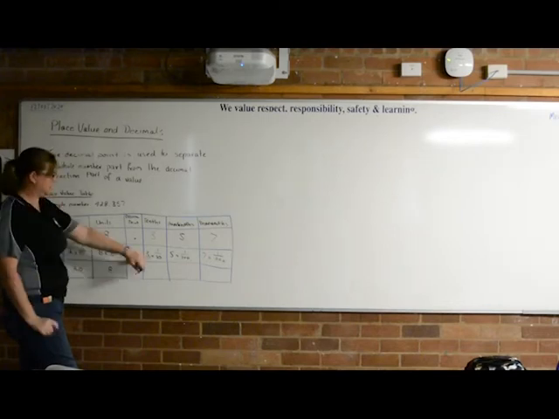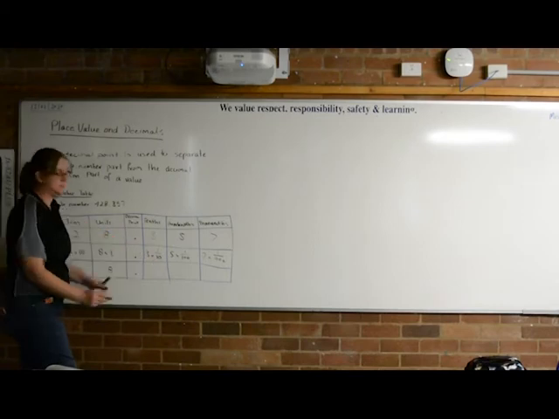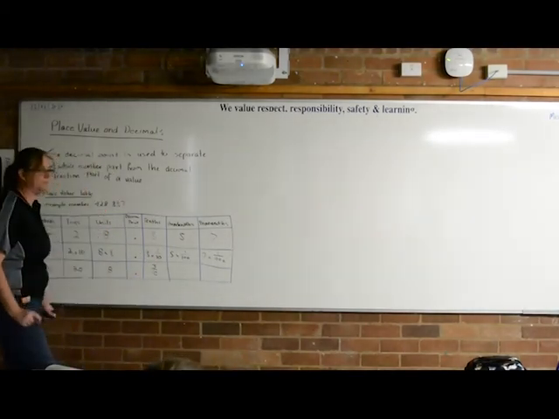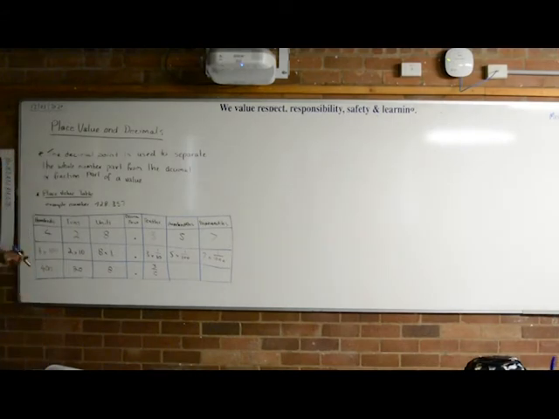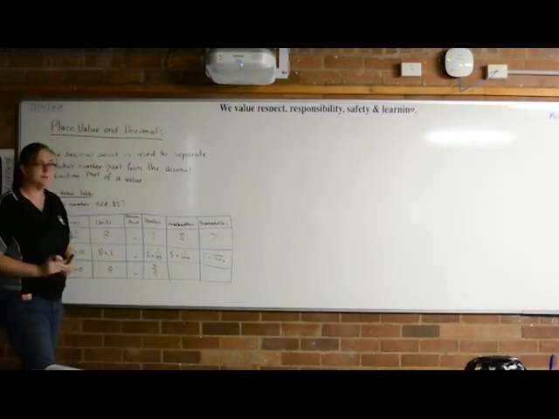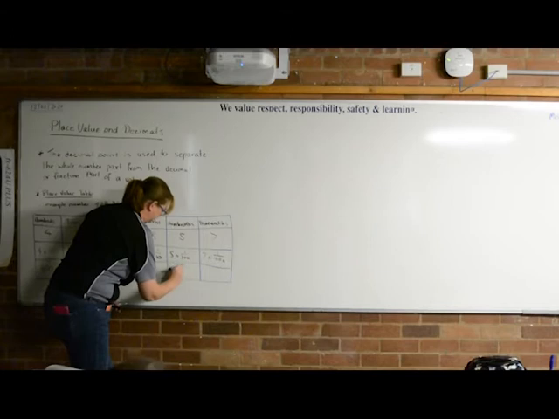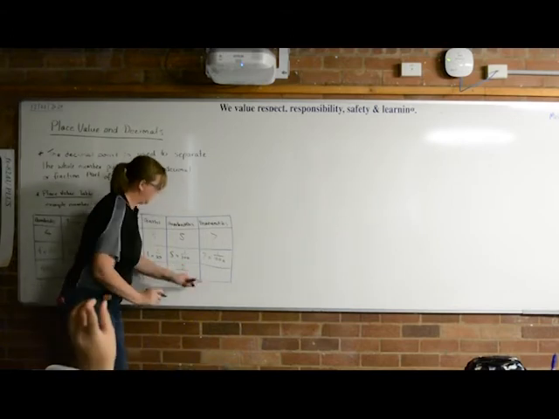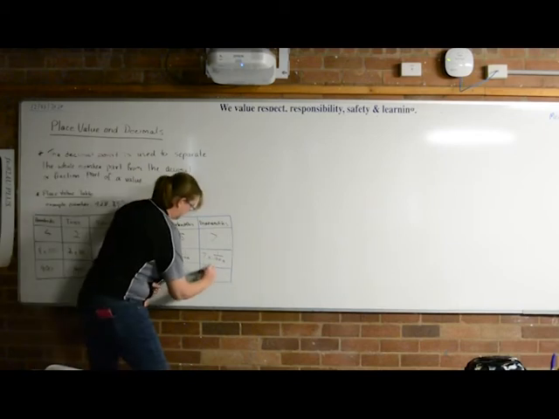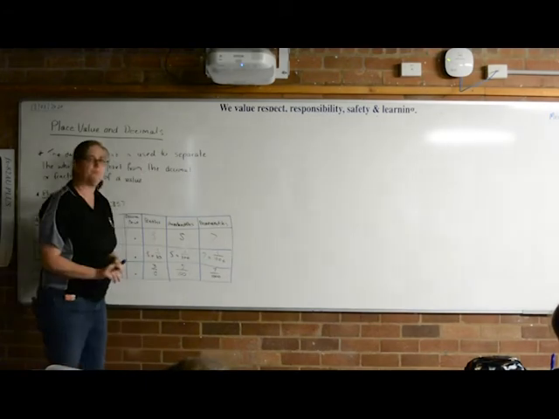No, we're going to keep the fractions in units, because it's 3/10. What about the next one? 5/100. And the last one, 7/1,000. Good stuff.